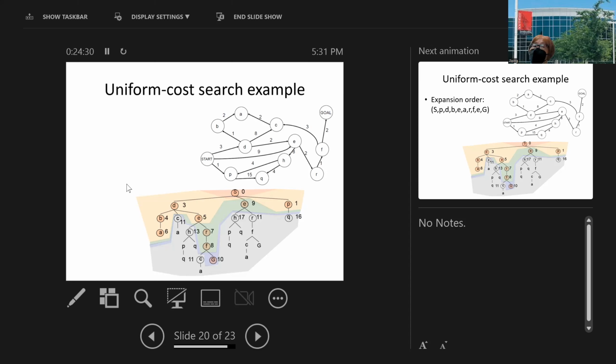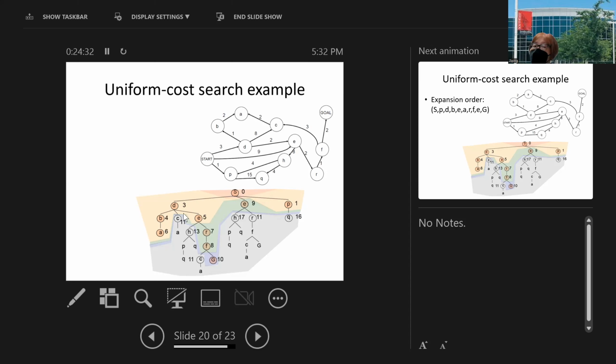So you have D at the front, so you are going to expand D. D has neighbors B, C, and E. If you add B, the cost from here through D to B is 4.